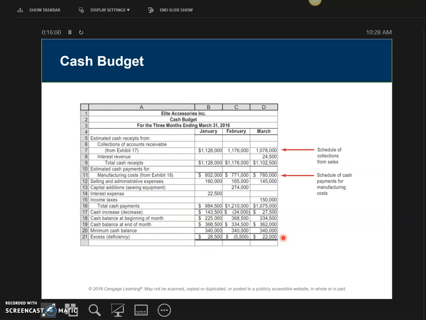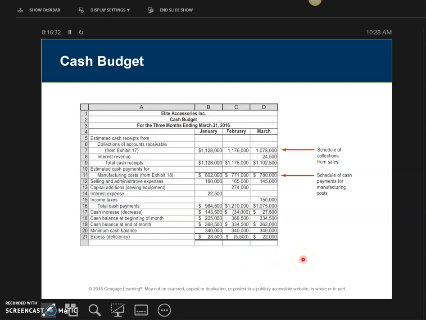In some instances, if I want to keep the 340,000 cash at all times available, and in February where I'm below, I would actually borrow the 5,500 to bring me up to the 340,000, which would mean that when I get to March, one of the first things I have to do is pay back the 5,500 plus interest. But this particular textbook doesn't show that, but in most instances in the real world, that's what you're doing. So this is the cash budget.